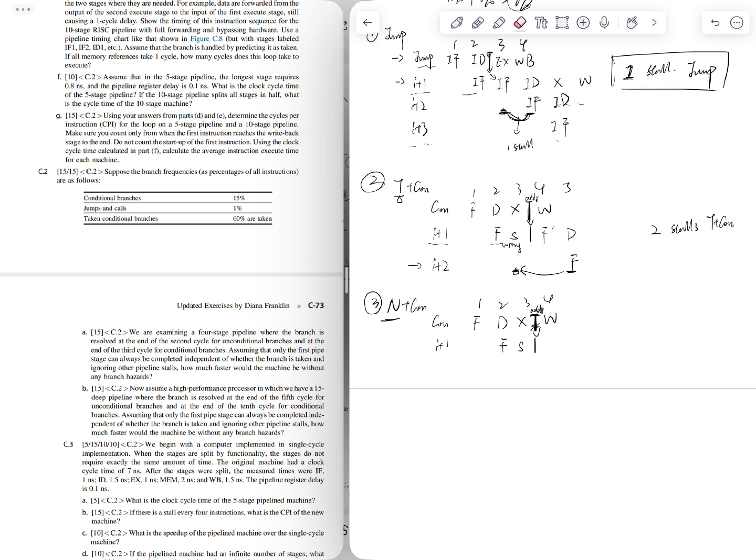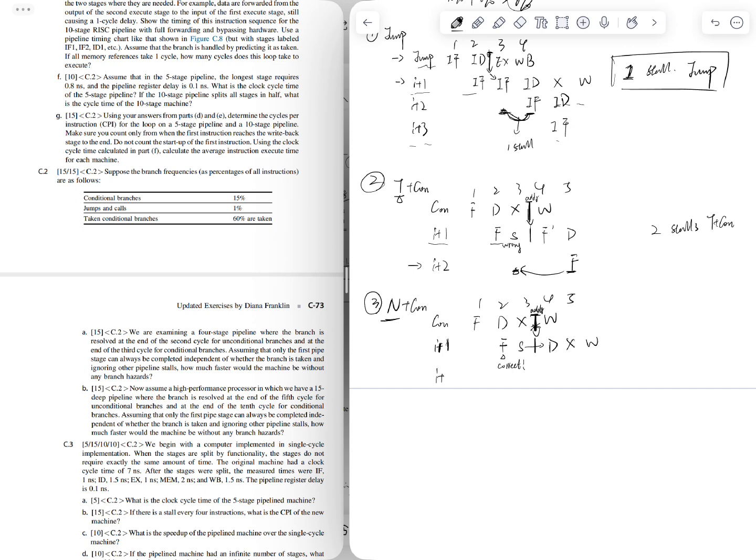That means instruction I+1 is fetching the correct address, so we can continue with our next steps. The next step is the decode, and then the execute and then write back.